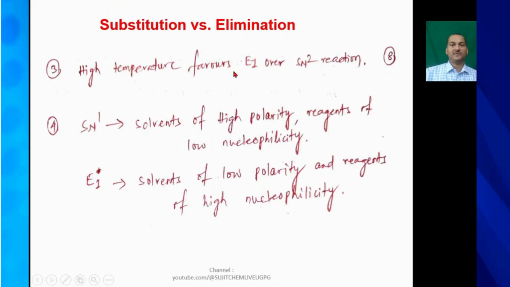Similarly, high temperature favors E1 over SN2 reaction. In the SN1 mechanism, solvents of high polarity and reagents of low nucleophilicity favor the SN1 reaction. For the E1 reaction mechanism, a solvent of low polarity and reagents of high nucleophilicity are required.